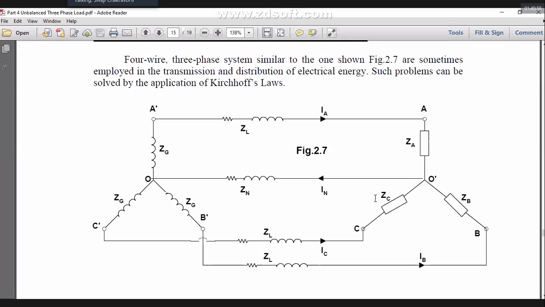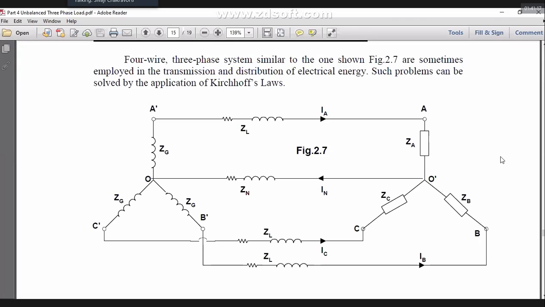The moment I assume the line impedance to be zero, I can again assume the same source voltage across the three terminals. And then I can solve this problem either by applying Millman's theorem or by again converting that star to its equivalent delta.